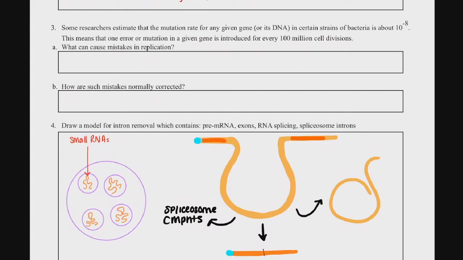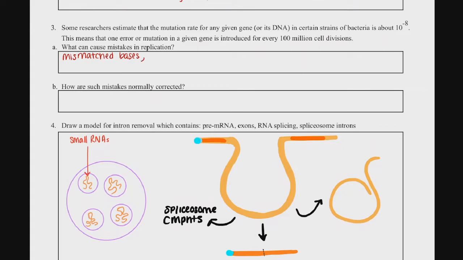So mismatched bases can cause mistakes. Anytime during replication, DNA polymerase is not perfect, so sometimes you can match the wrong base pair together.